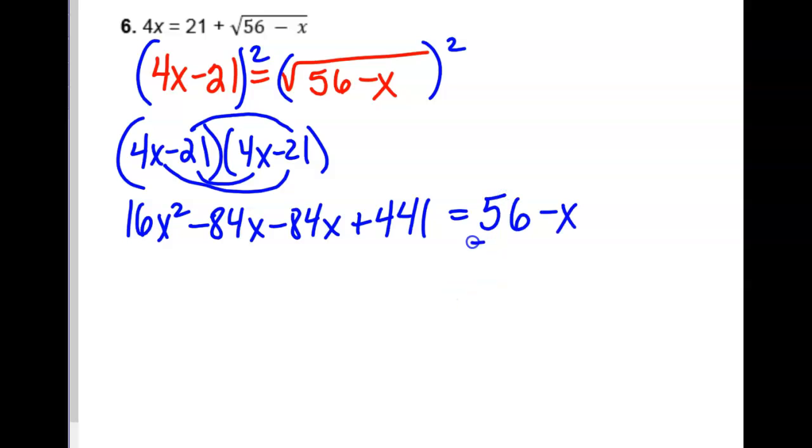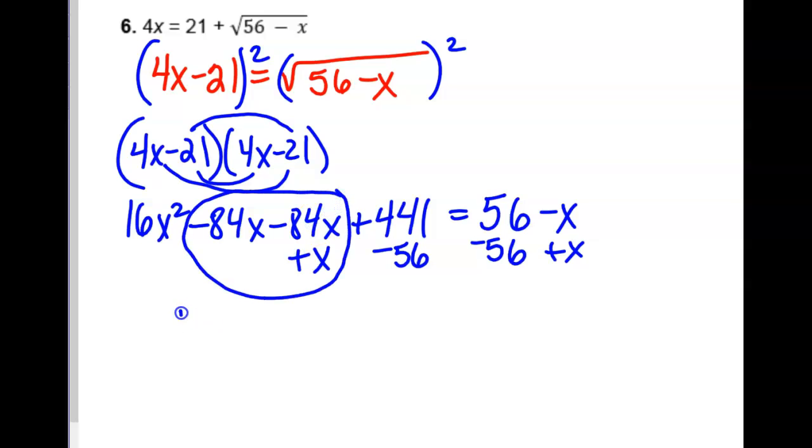All right, so I'm going to subtract 56 over to this thing, and I'm going to add x over to one of these guys. So I'm going to combine all of this. So I have a 16x squared minus 167, maybe?